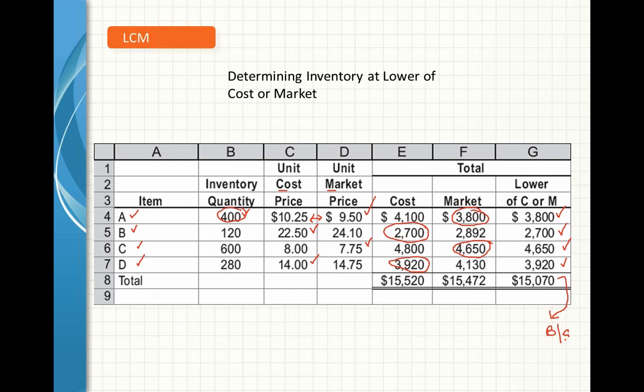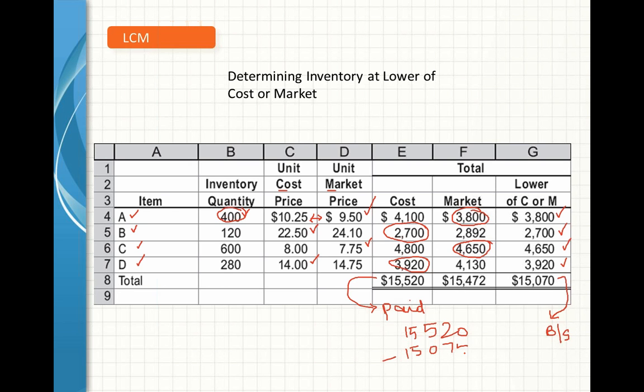but what is the total cost price I paid? This is the cost I paid, 15,520, to buy this inventory, minus 15,070.